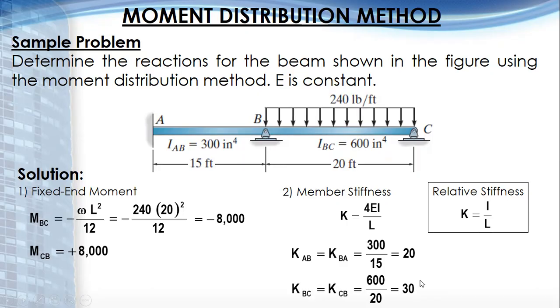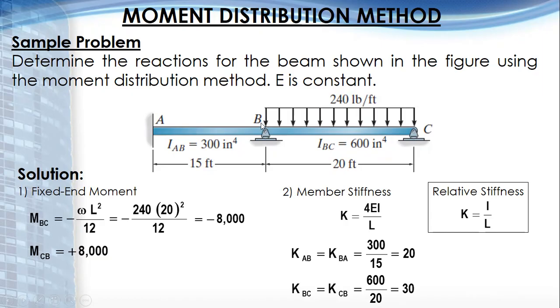Now for this problem, we are going to apply the modified stiffness. Modified stiffness is applied to members where the far end or the opposite end is a simple support. So in this case, BC, so it's only at the interior joint. At joint B, two members are connected, BA and BC.